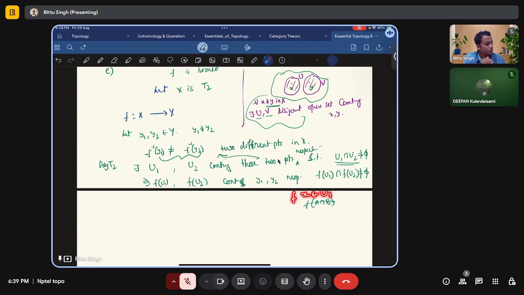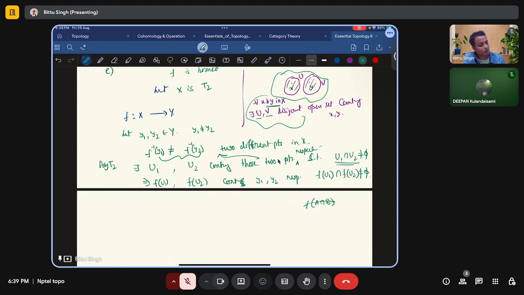That implies f(x) belongs to f(U1). Similarly, x belongs to U2 implies f(x) belongs to f(U2). Therefore, f(x), that common point, will belong to both sets. Therefore, this is non-empty. Hence, the conclusion follows.